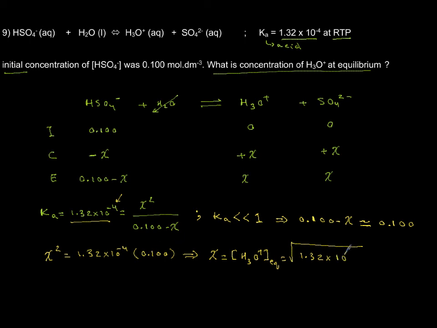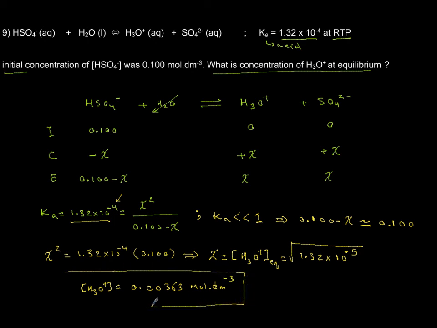They are additive, so it's 10 to the minus 5. When you do the calculation, hydronium is extremely small. It's 0.00363 mole per decimeter cubed. So our approximation was good, and this is how we want you to do it. If Ka is really small, then make the approximation rather than solving it quadratically.